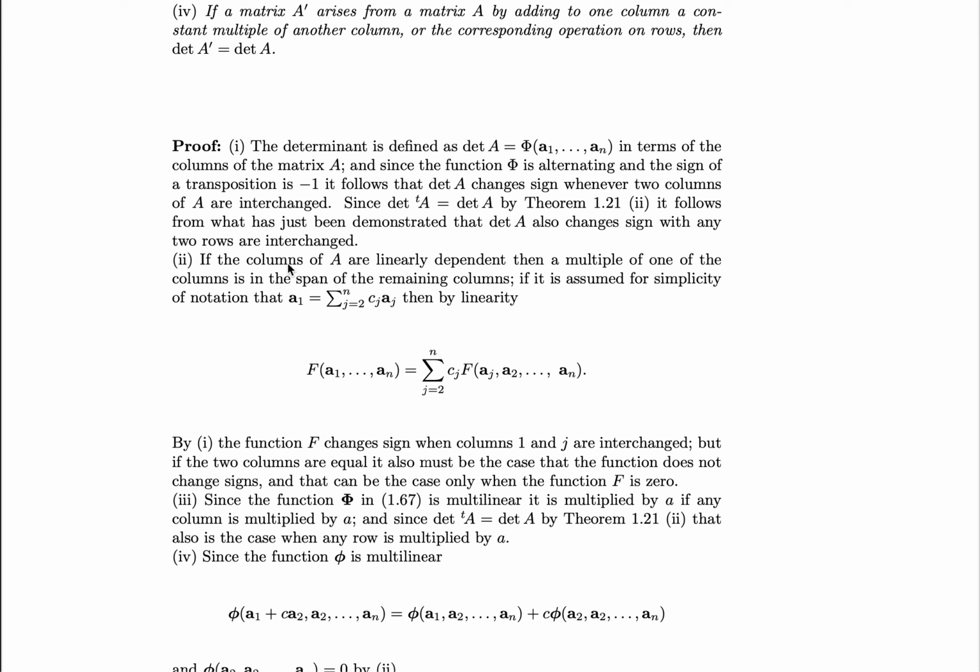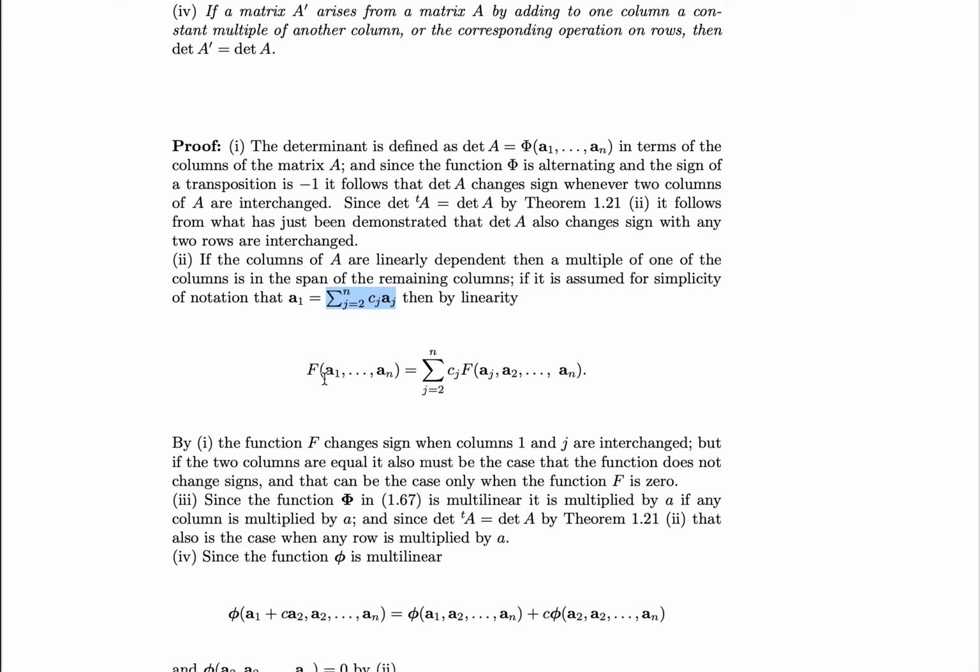Next, let's consider if the columns of A are linearly dependent on one another. If this is true, then one of the columns is in the span of the remaining columns. If we do it simplistically, then we have that A1 is in the span of the other 2 to n vectors.